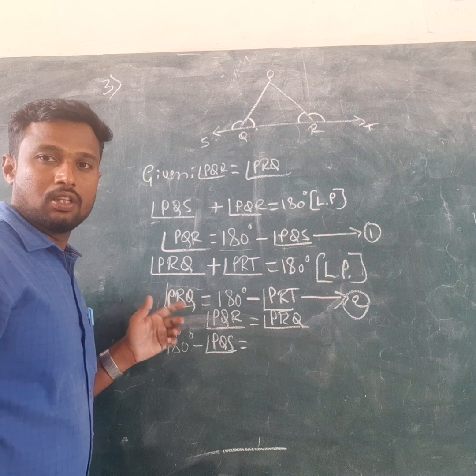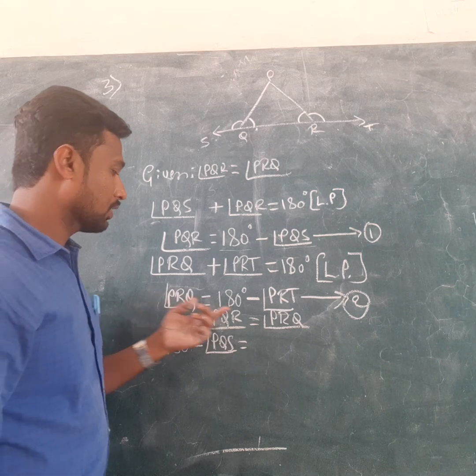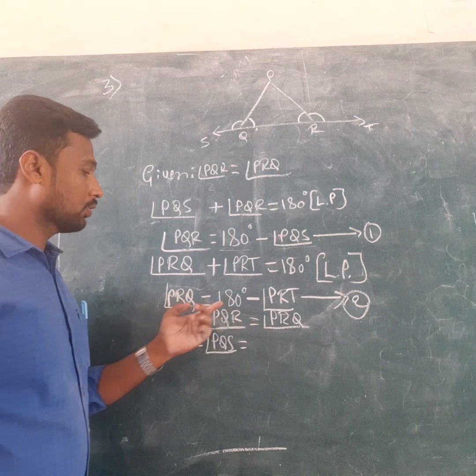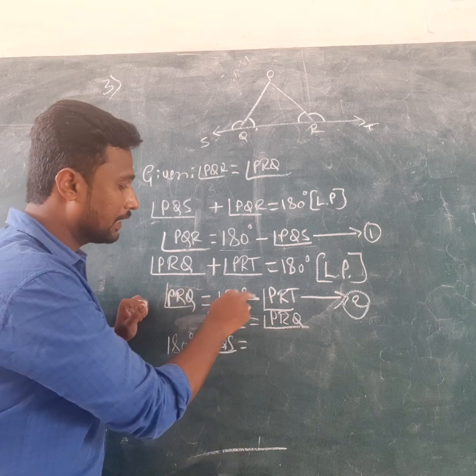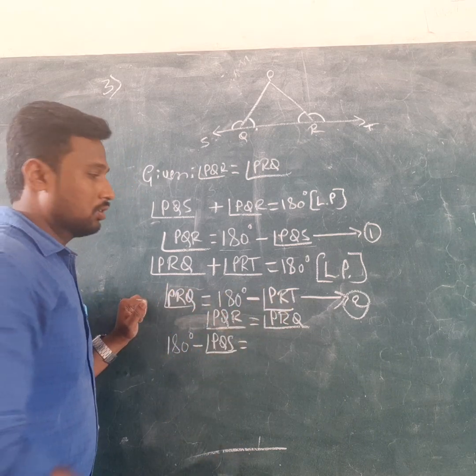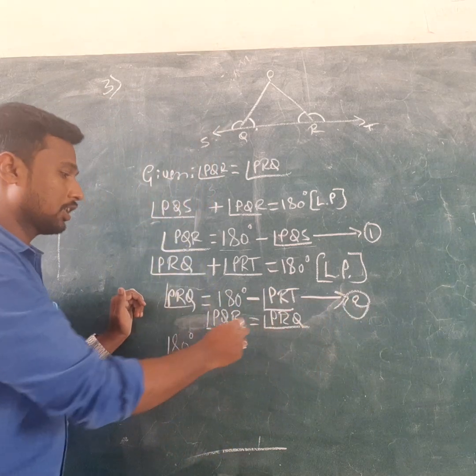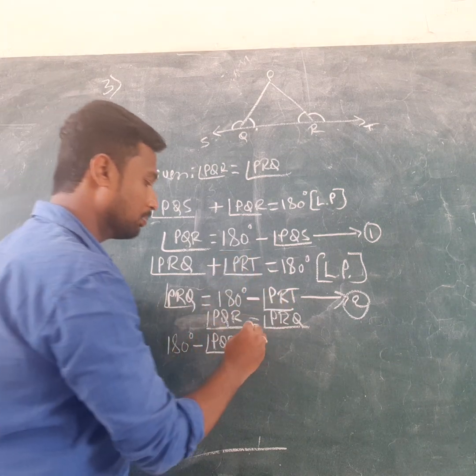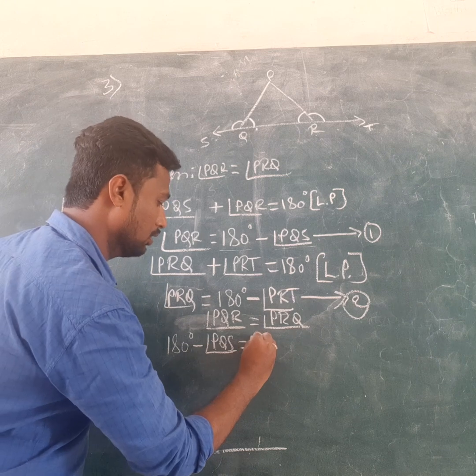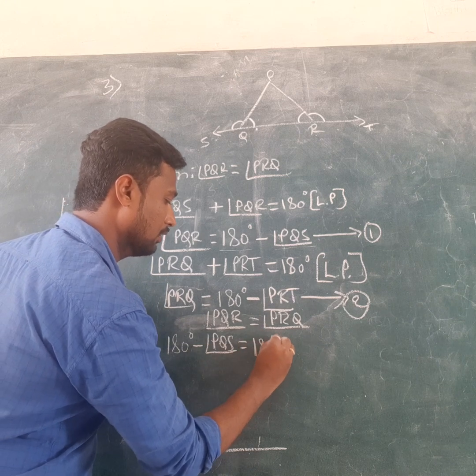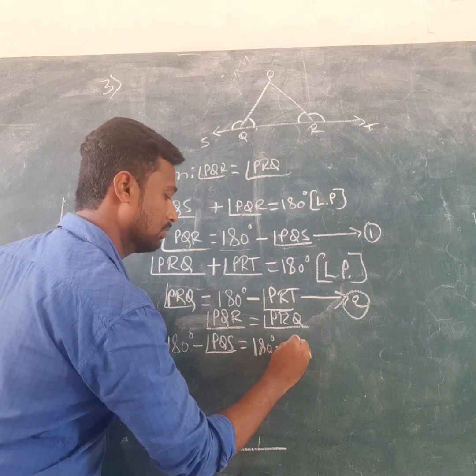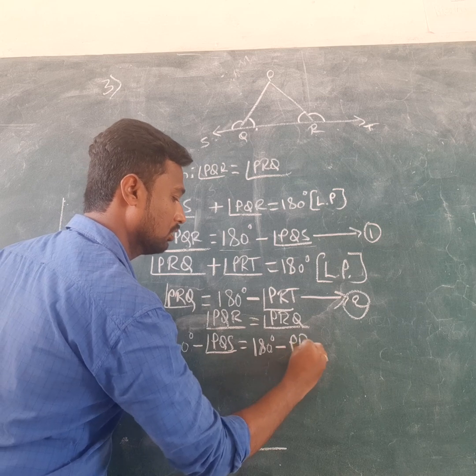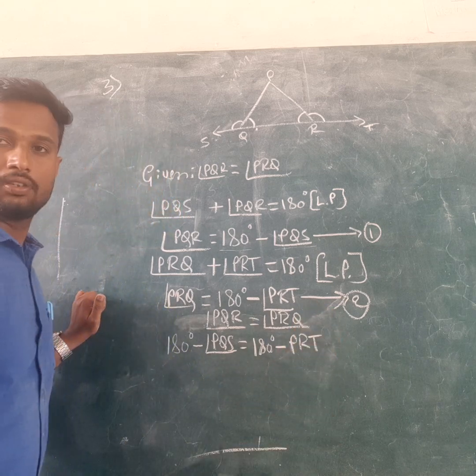What they have given? Angle PRQ. In the place of angle PRQ, can I write 180 degree minus PRT? From equation 2 we got angle PRQ is equal to 180 degree minus PRT. So I will write here 180 degree minus PRT.